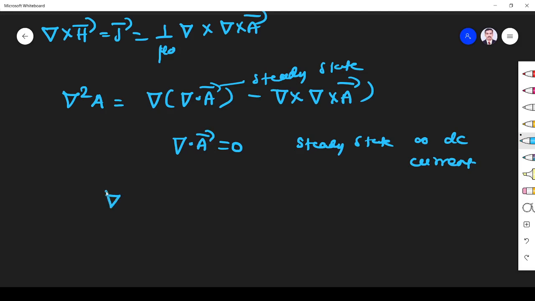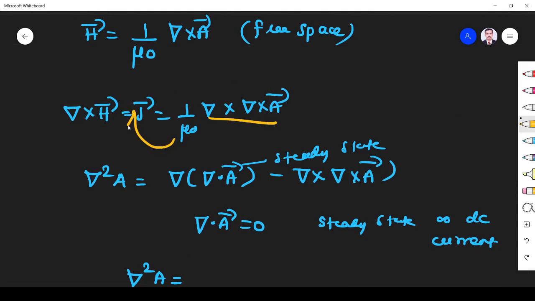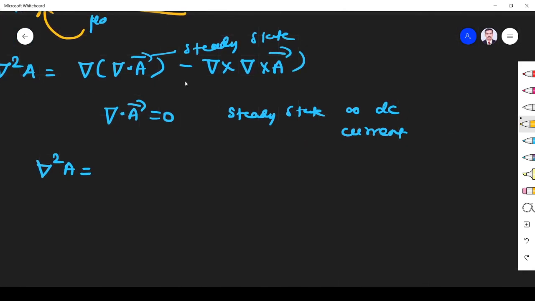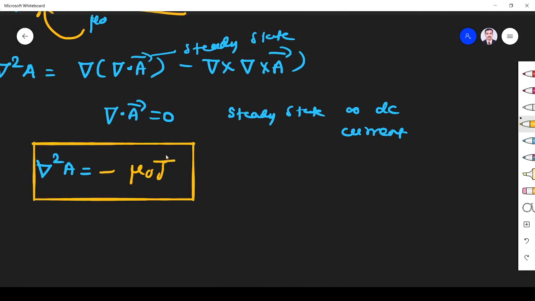So del squared A is equal to minus del cross del cross A. You see from this equation, del cross H is equal to J, so minus del cross del cross A is equal to mu naught J. Have you seen this equation already?